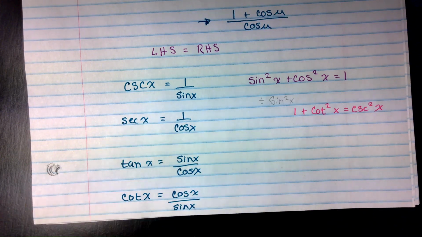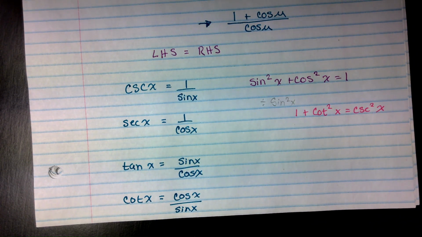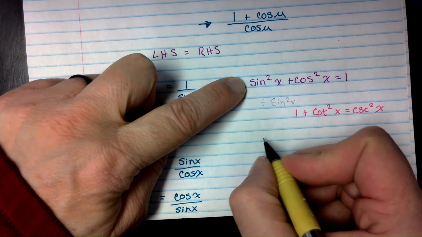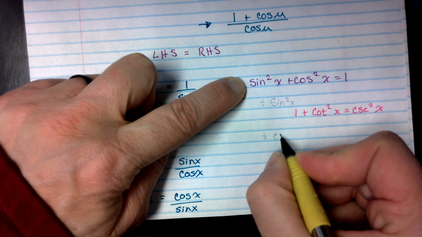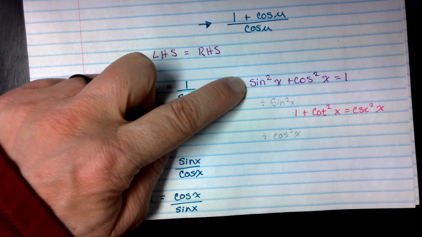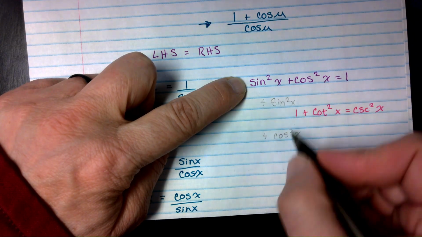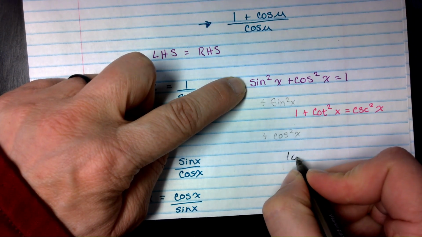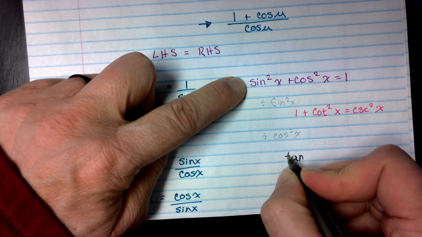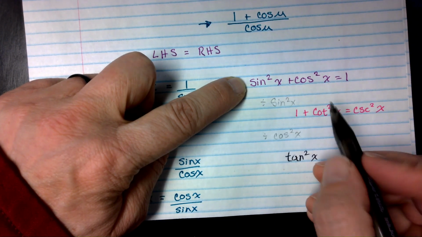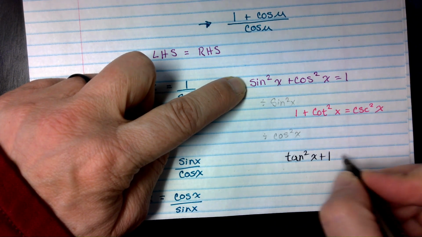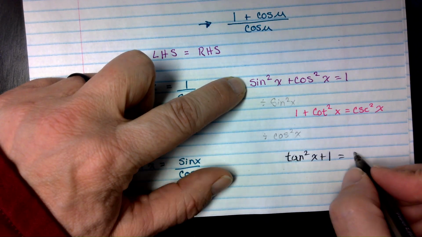So that is another Pythagorean identity you can use, and it's because we took the purple equation divided by sine squared. If you were to go back to the purple equation, instead of dividing by sine squared, you divide it by cosine squared. That would give you sine squared divided by cosine squared is tangent squared. Cosine squared divided by cosine squared is 1, and 1 divided by cosine squared is secant squared.